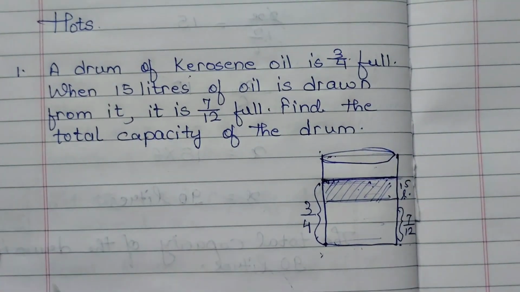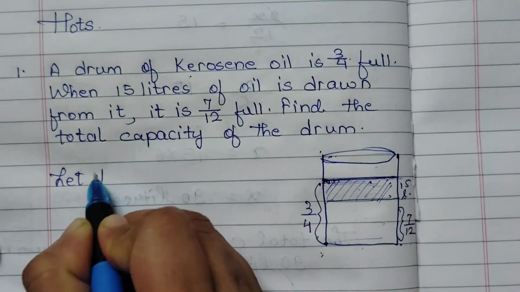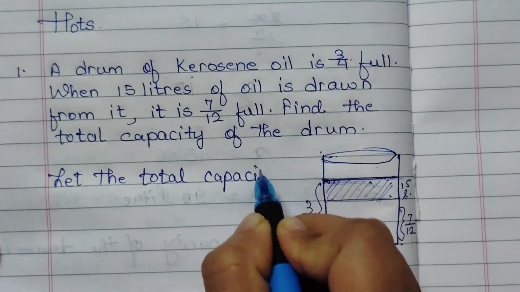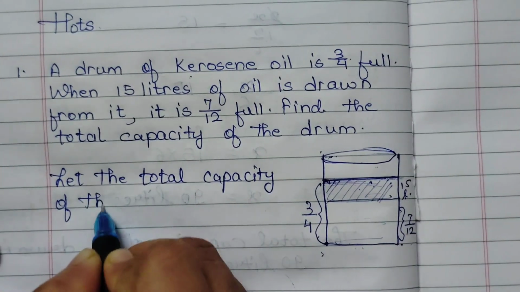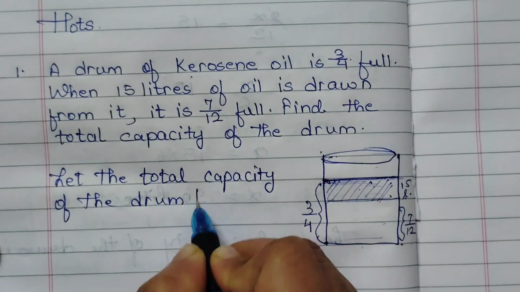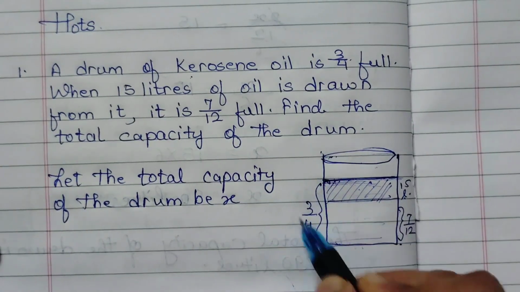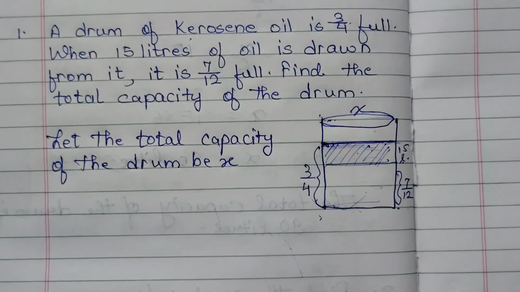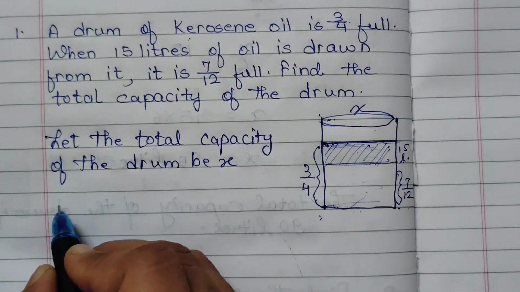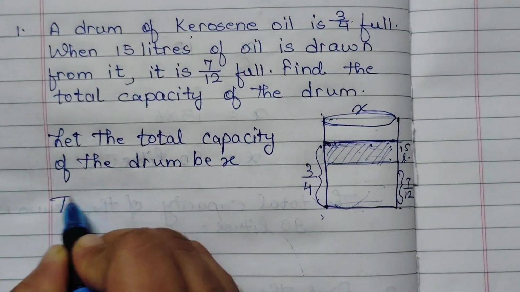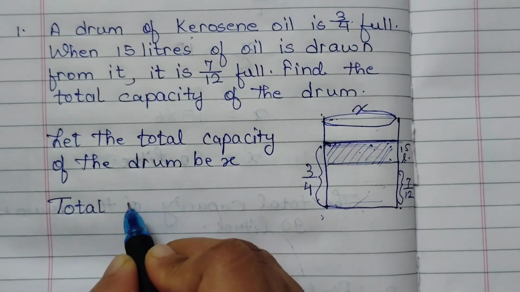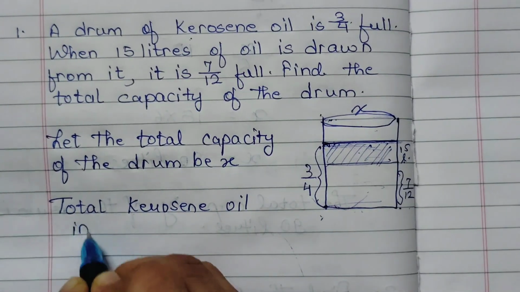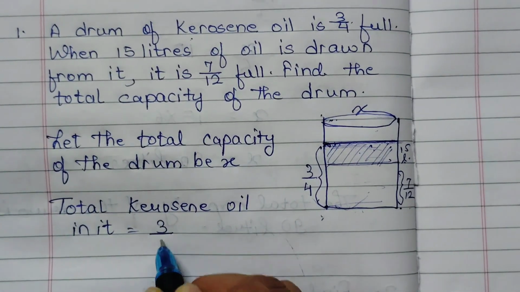So first statement we will write, let the total capacity of the drum be X. Okay, now total capacity is X. Now, how much kerosene was there in the drum?